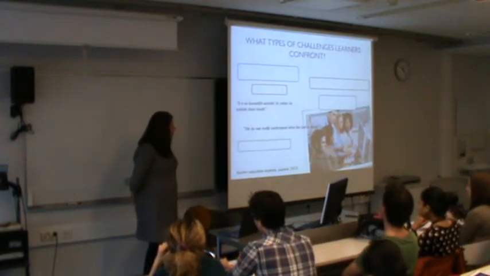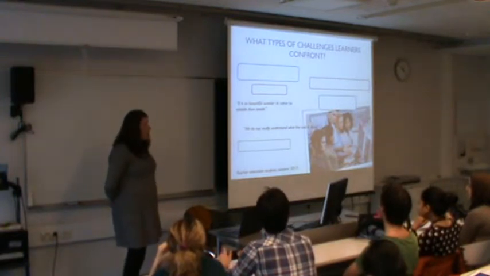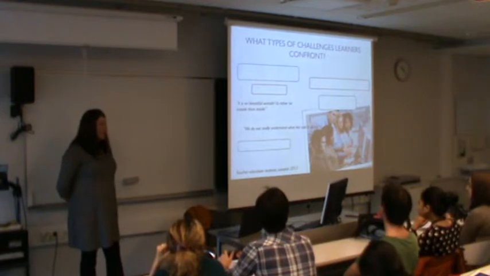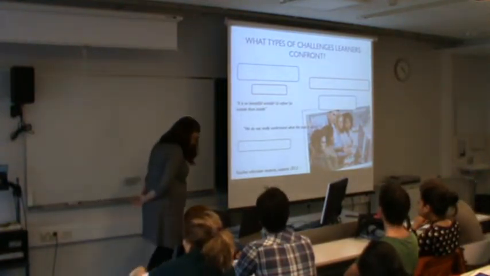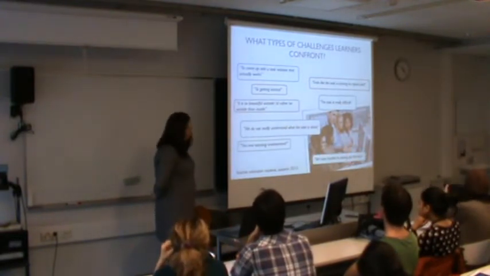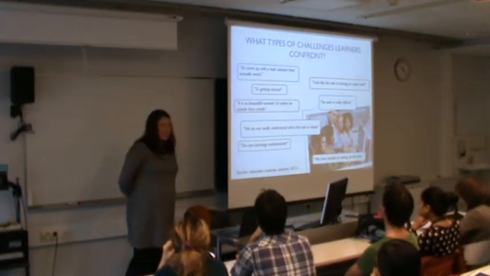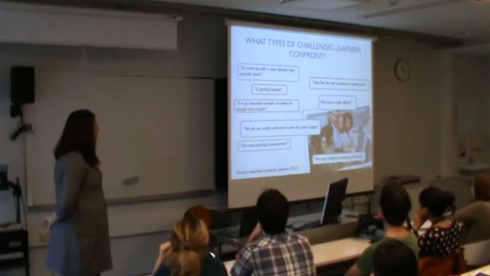So, in our research unit, we have been identifying what types of challenges, for example, higher education students typically confront in their learning. There was something wrong with the slide, but never mind. So, these are the different types of challenges.